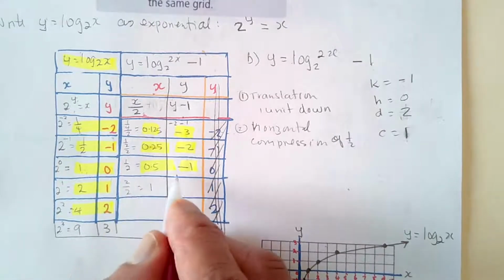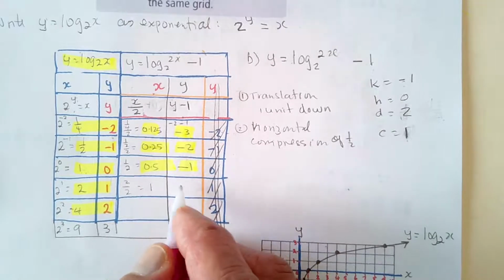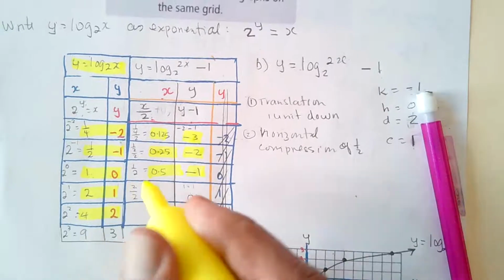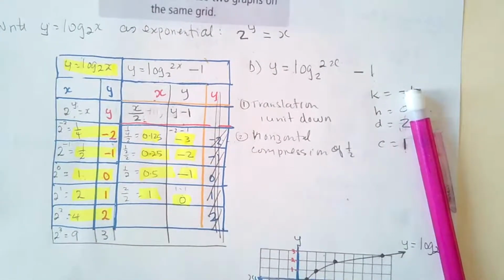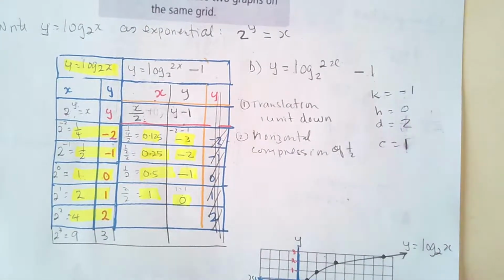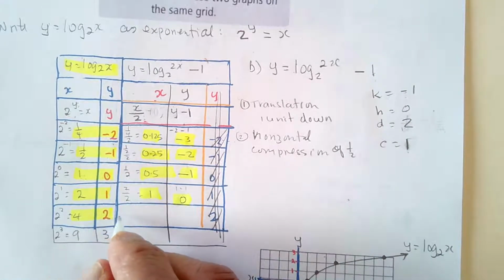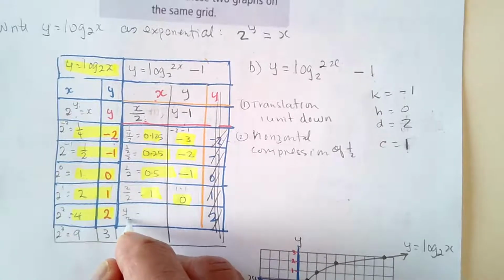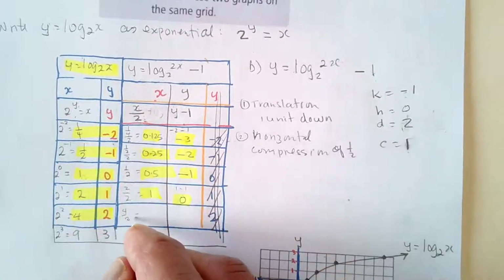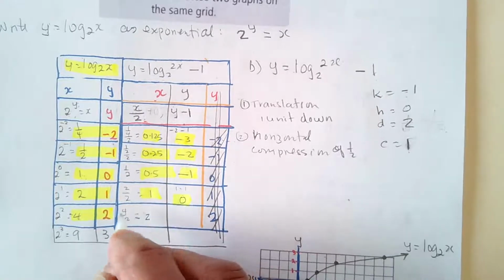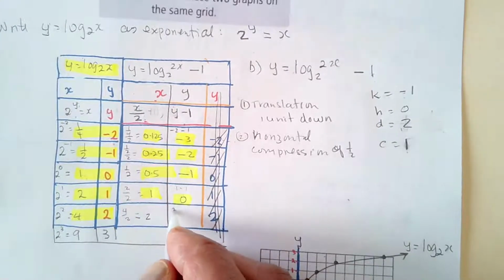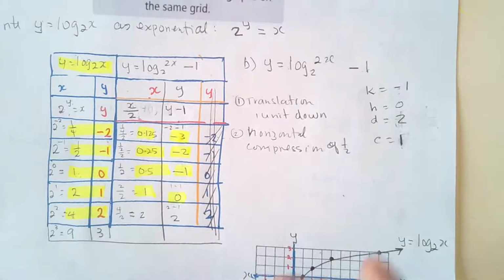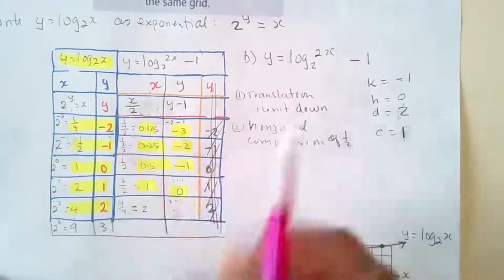And now we have 1 minus 1 to give us 0. Next, we have 4 divided by 2, which gives me 2. Now I have 2 minus 1, which has to be 1.